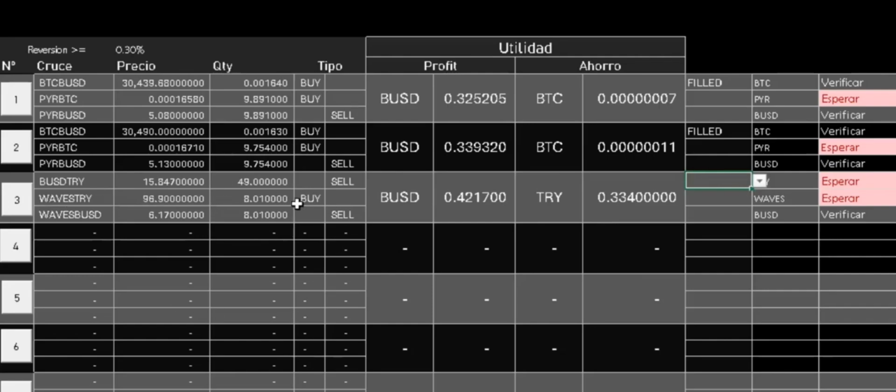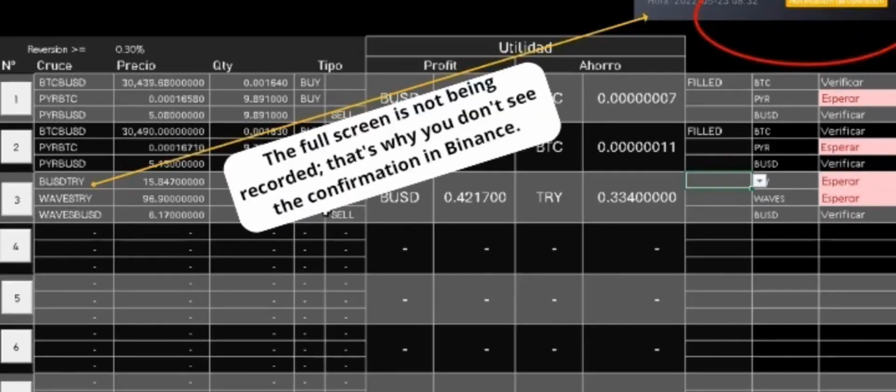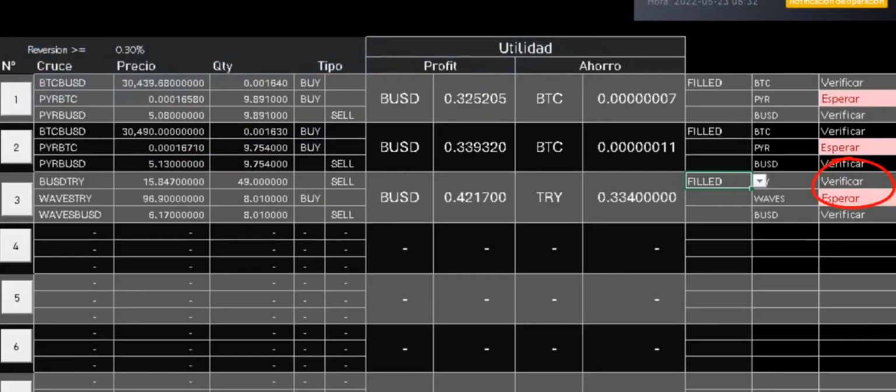Here we see BUSDT, it already took it, I already sold it, so what I have to do is place it, and notice that here the word verify appears. Why? Because the system already took this sale order, the 49 USDT that was sold at this price, and when placing it the system sends a purchase order of this crossed currency at these conditions, this price and this quantity. So that's how triangulation works.